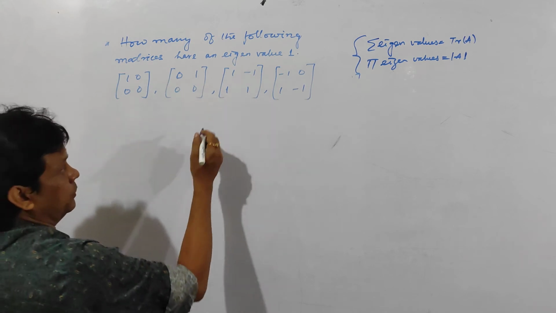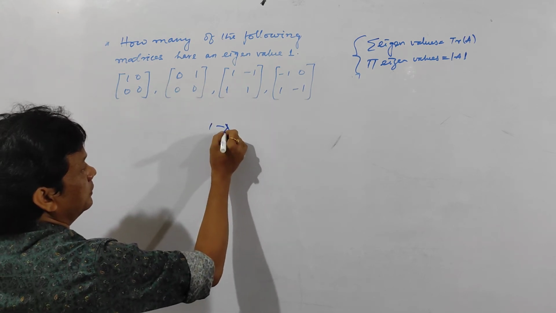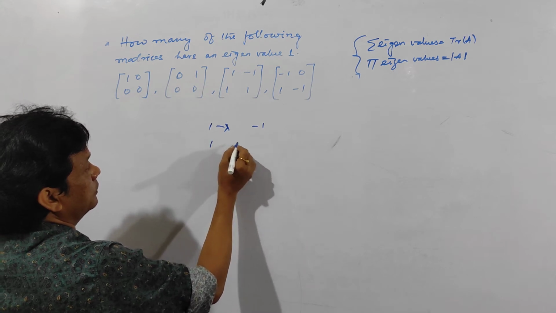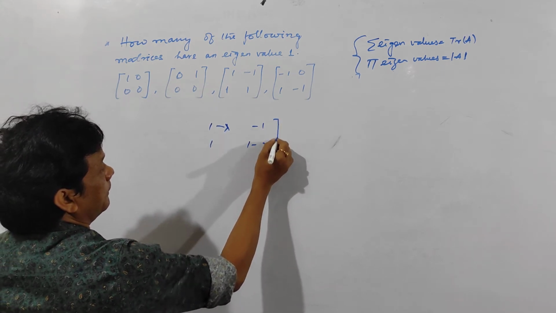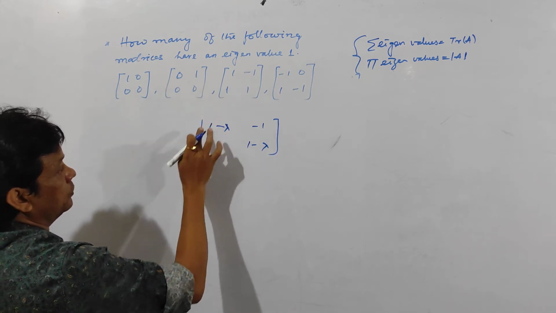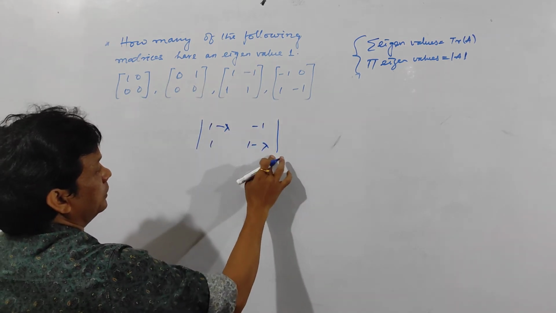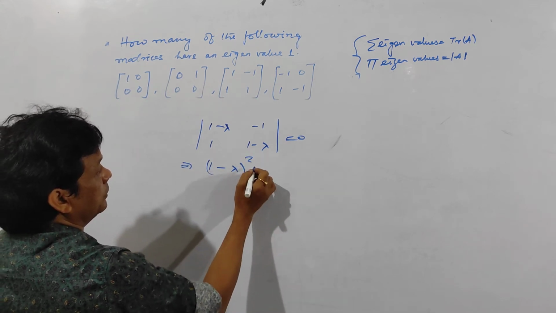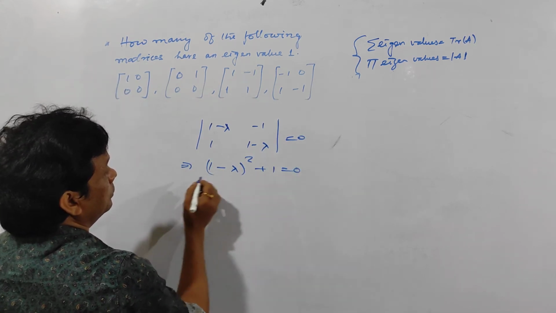You have to find out this one. 1 minus lambda, so it is minus 1. This is 1 and this is 1 minus lambda. Clear? You want to take the determinant equal to 0. So (1 minus lambda) whole square plus 1 equal to 0.